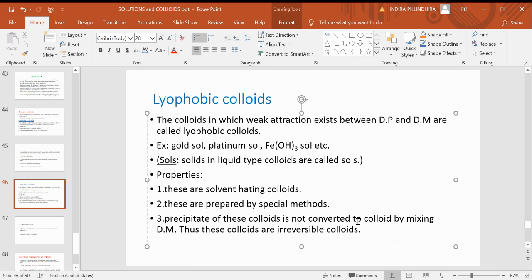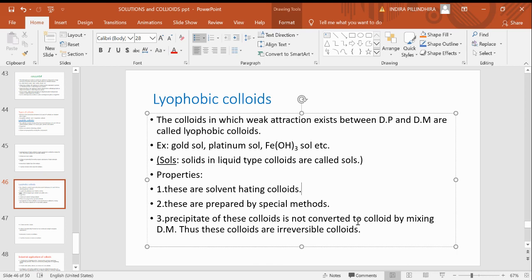In the previous type of colloid, if we take gum and it becomes dry, just by adding water the gum will come back to its original semi-solid, semi-liquid state. But here that is not possible.